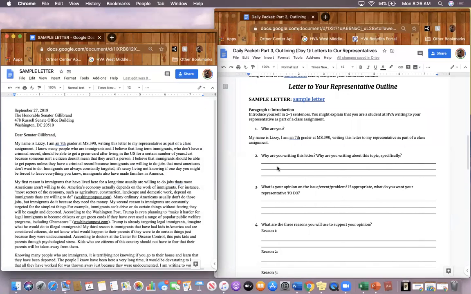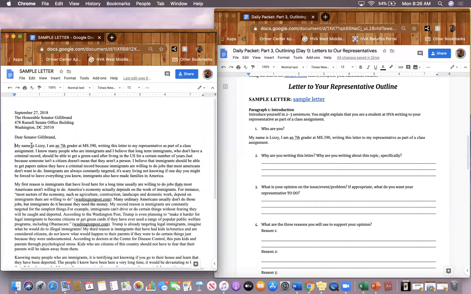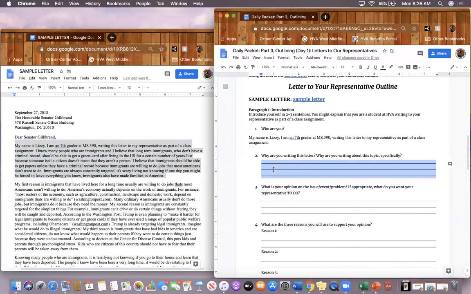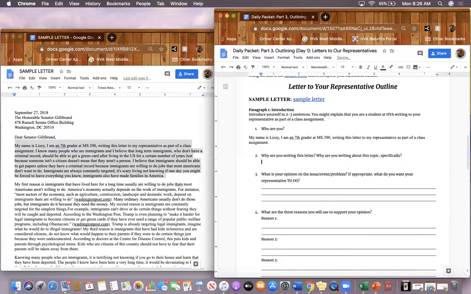So why are you writing this letter? Why are you writing about this topic specifically? Now, if I'm looking through the intro, maybe there's not one sentence that directly answers this question, but I can tell from Lizzie's introduction that she cares about this issue, and she does say that she knows many people who are immigrants.